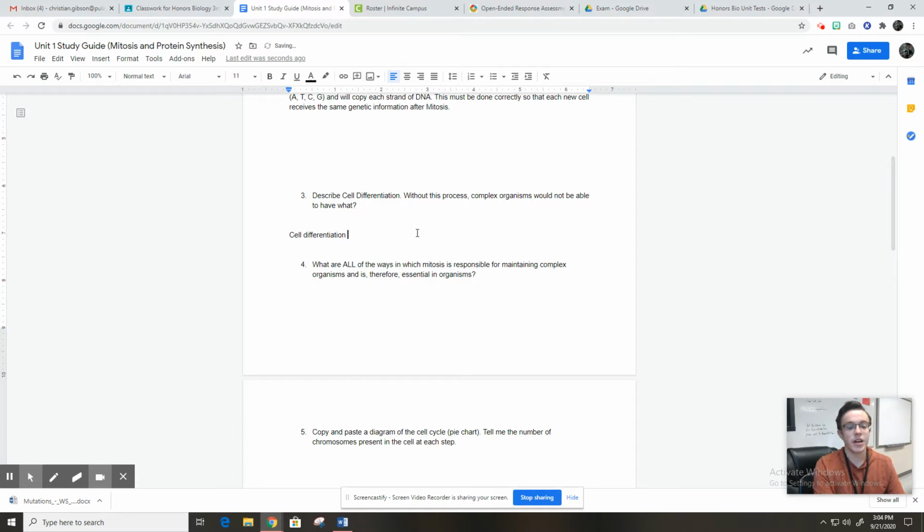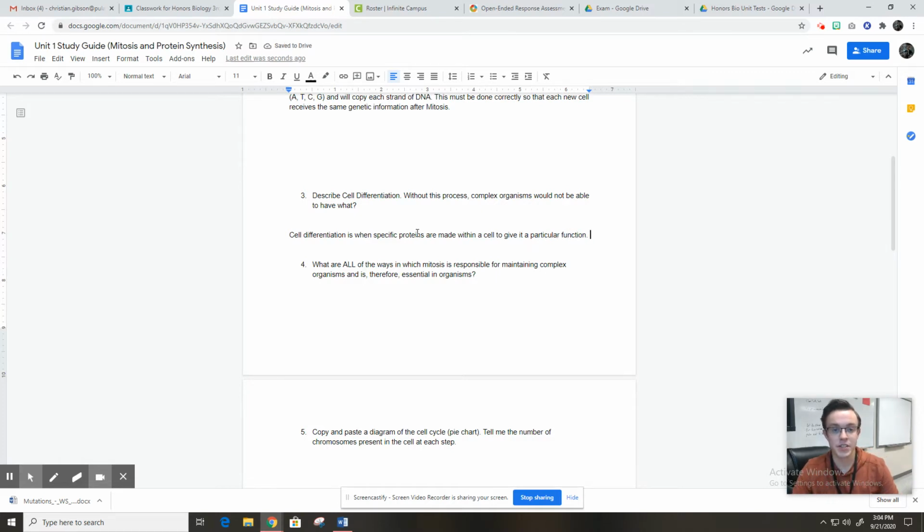is simply when, let's phrase it this way, specific proteins are made within a cell to give it a particular function or job.